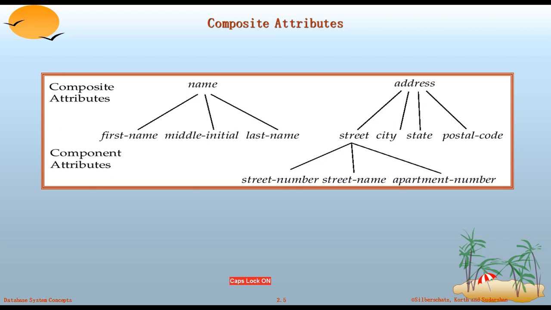Address is also a composite attribute, since it can be divided into street, city, state and postal code. Street is also a composite attribute, which can be divided into street number, street name and apartment number. An attribute which can be divided further is called a composite attribute.